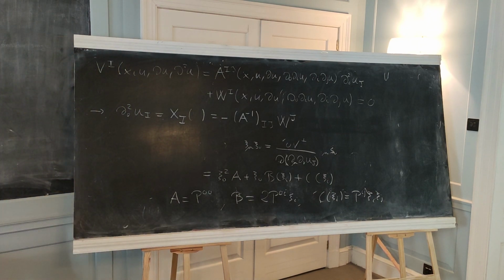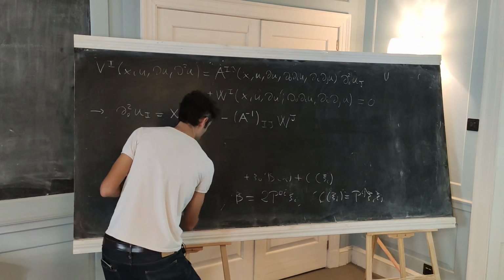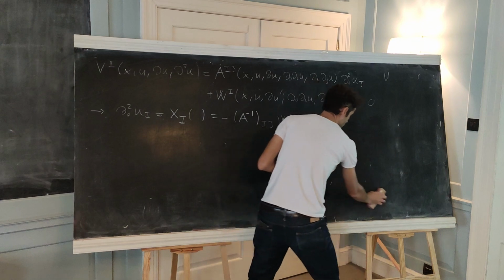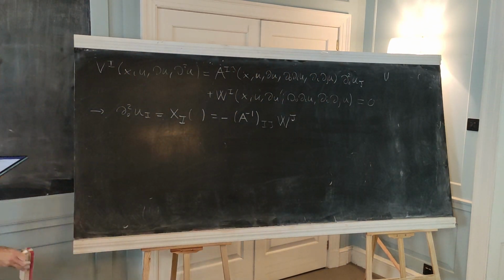So the idea now is to write this as a first order system. And since we know what the conditions are for first order systems, we can then infer what the conditions are for the second order system. So that's basically the idea.